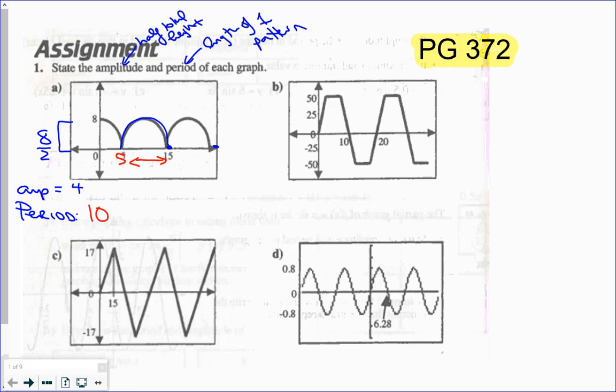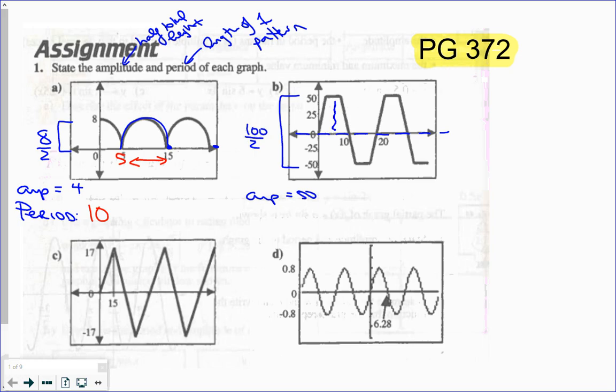Okay, so for this one, from 50 to -50, the total distance there is 100. So if I divide that in half, the amplitude is 50. Now, the other way to do amplitude, and I did show this to you last week, was imagine that halfway line, which in this case is right on the 0.